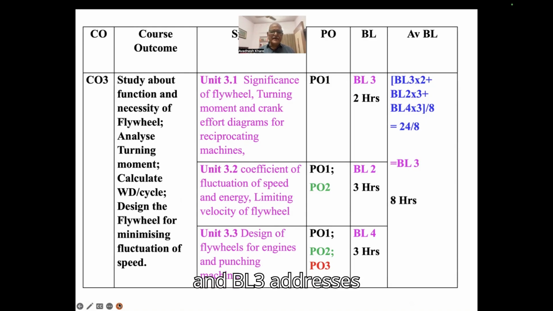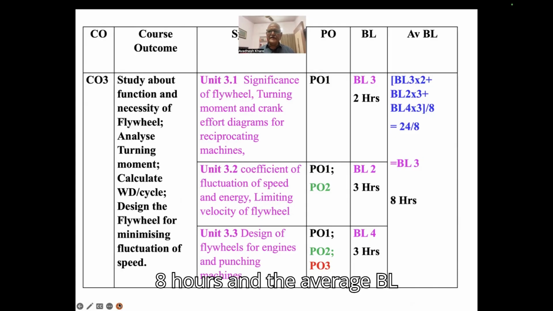And 3.3 addresses PO1, PO2 and PO3 at BL level 4 for 3 hours. So the total number of hours allocated for unit 3 is 8 hours.